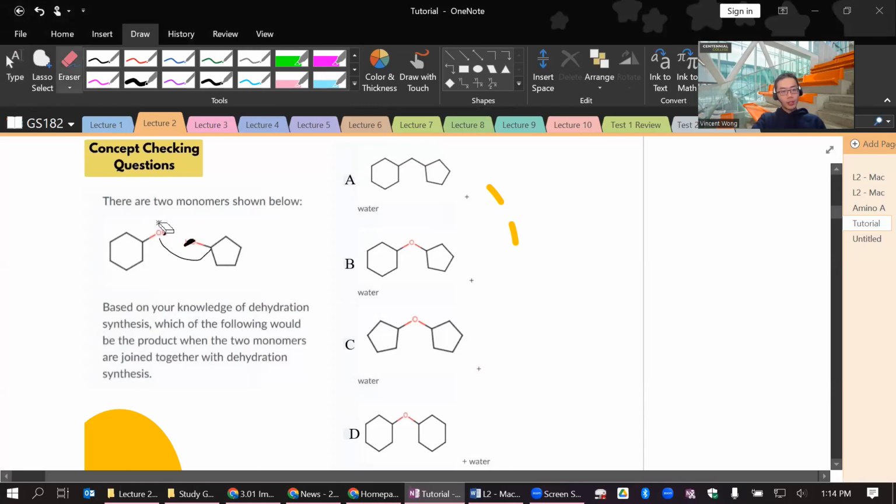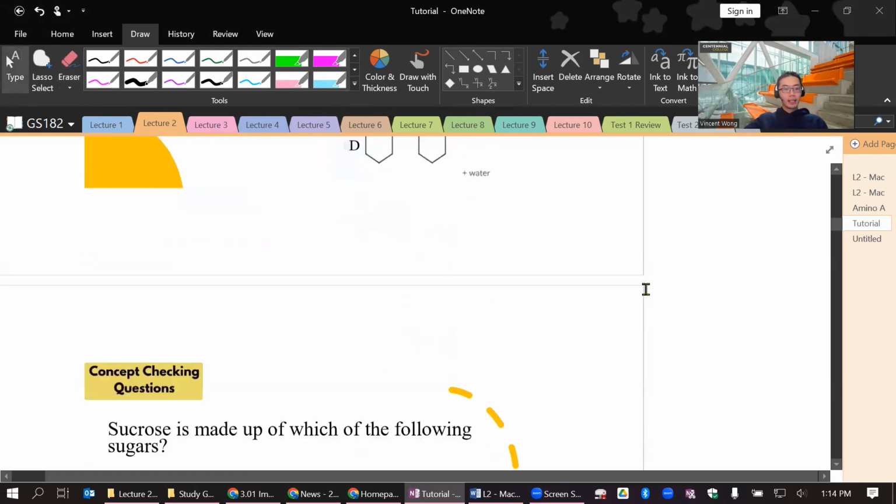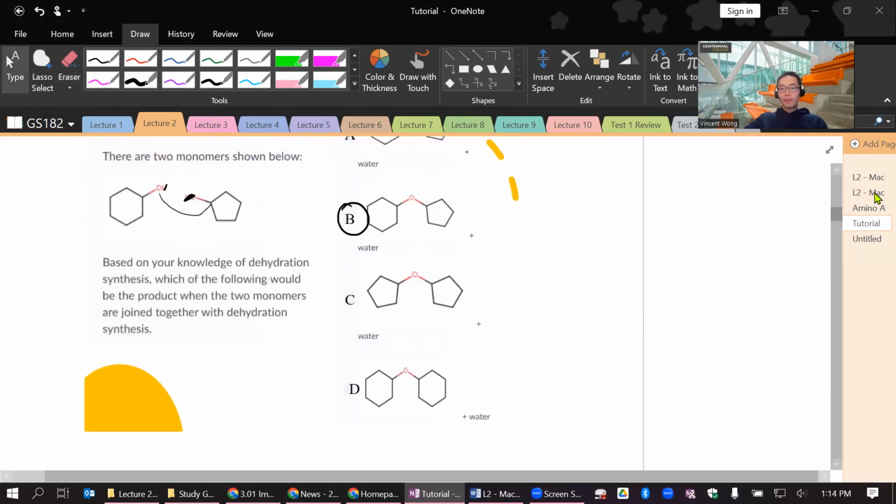So we will have a hexagon with an O, connected to a pentagon. So that would be the correct answer. It's not D because D is hexagon and hexagon. It's not A because it's missing an O. Right. So hopefully that makes sense.